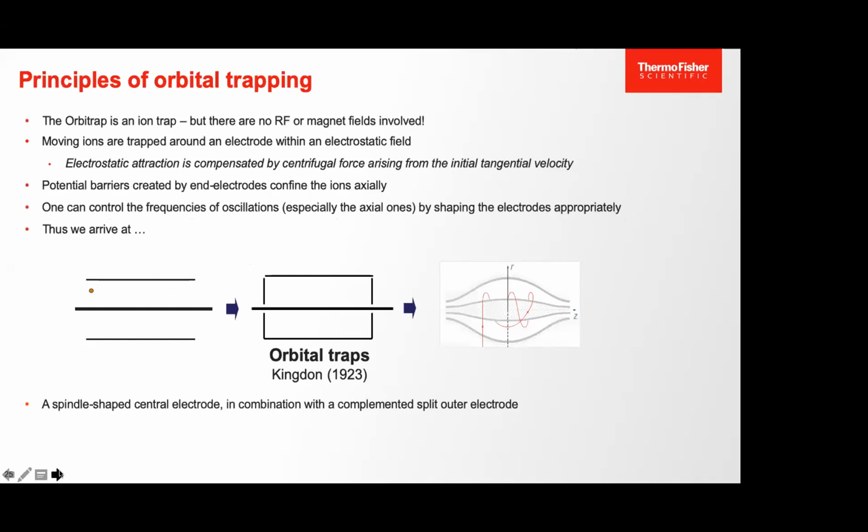Okay, just the last few slides about the mass spec. The principle of orbitrap. This system launched commercially in 2005. How it works is very simple. What I'm introducing now is the technology of the mass spec.